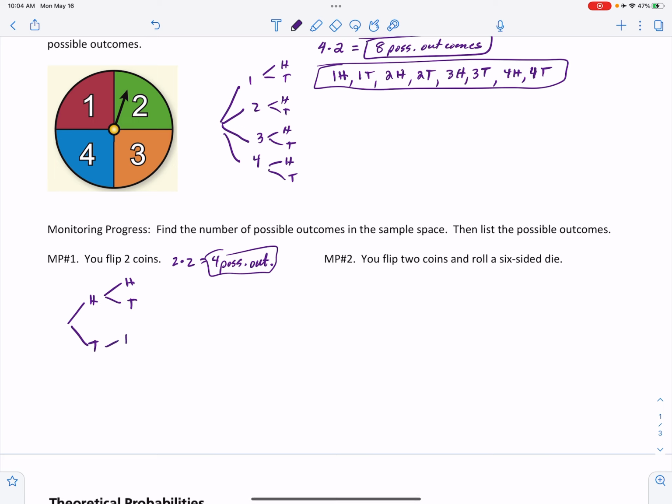But if you got tails on the first, you could again get heads or tails on the second. So the sample space is heads heads, heads tails, tails heads, and tails tails. And that's your sample space. Note that getting heads first and tails second is a different outcome than getting tails first and then heads. Those are two different possible outcomes.